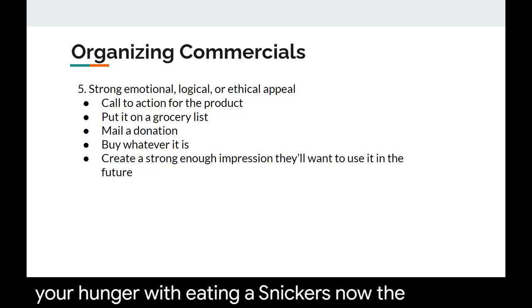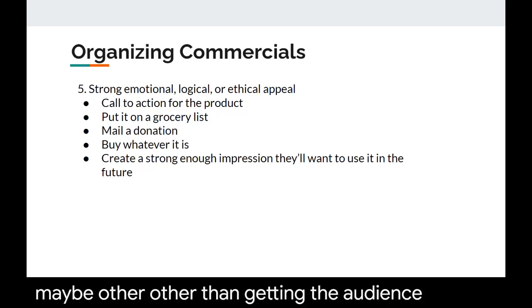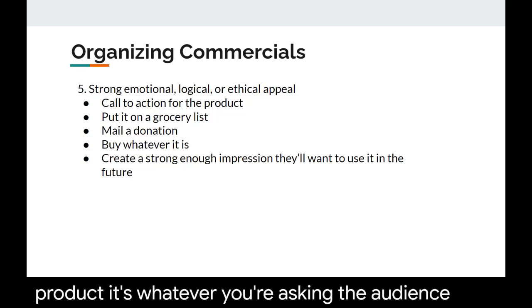Now, the fifth and probably most important element of commercials, maybe other than getting the audience's attention, is having a strong emotional, logical, or ethical appeal. This is the call to action for your product. It's whatever you're asking the audience to do.